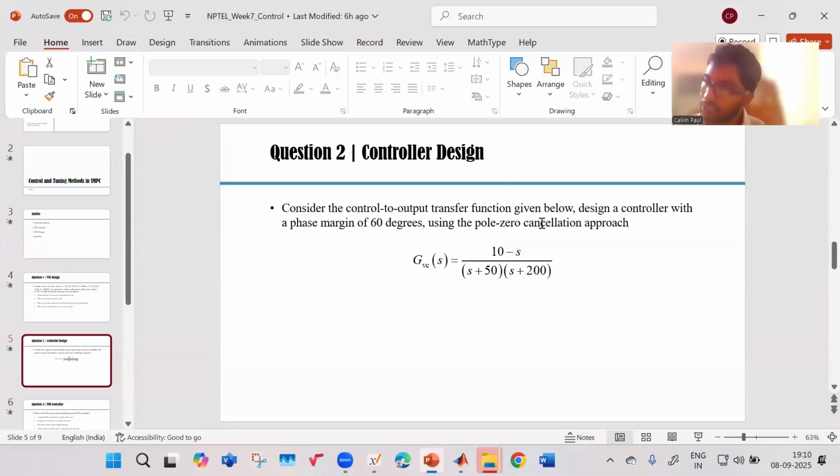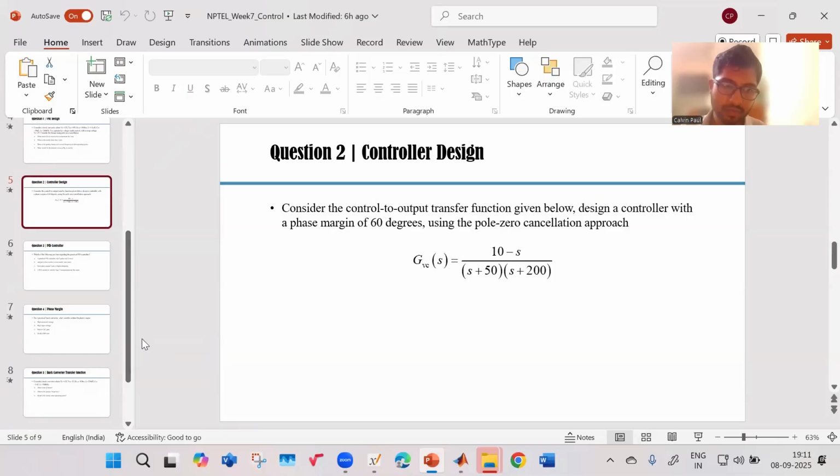So, how will you solve this question? What they have told is, we have to design a controller.